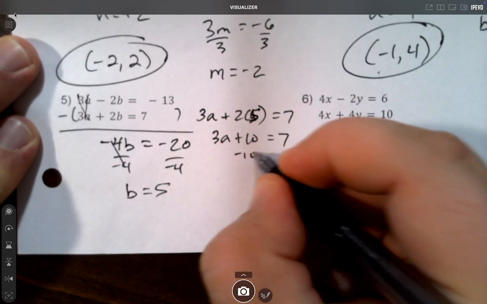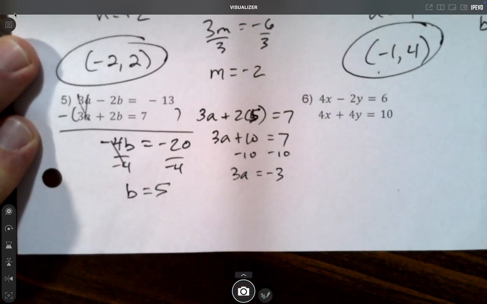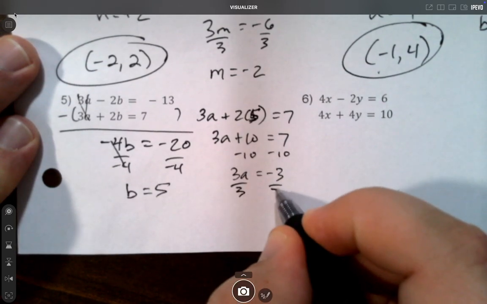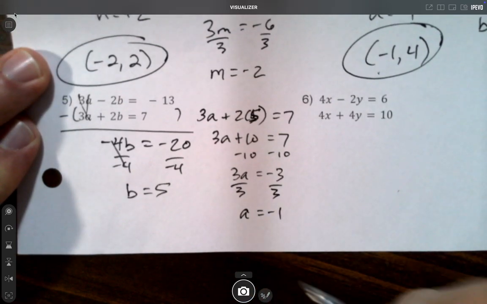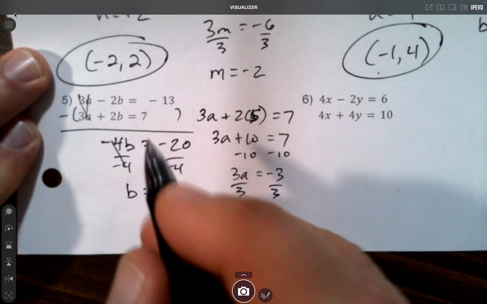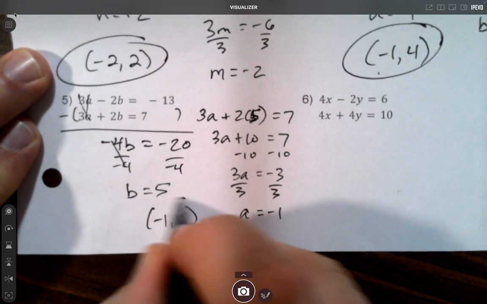I subtract 10 from both sides and get 3A equals -3. Then we divide both sides by 3, and we get A is equal to -1. So the ordered pair that is the solution to this system of equations is -1, 5.